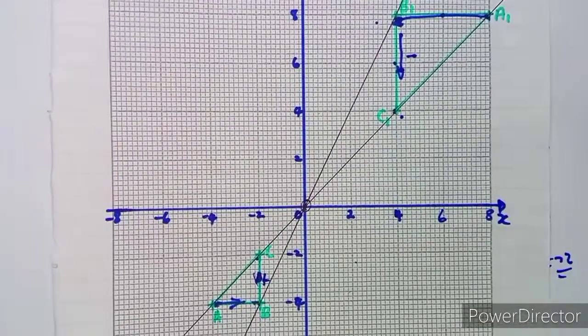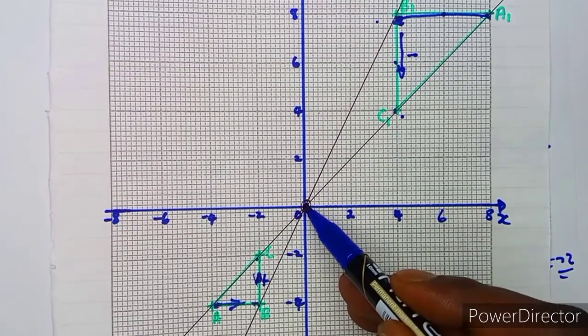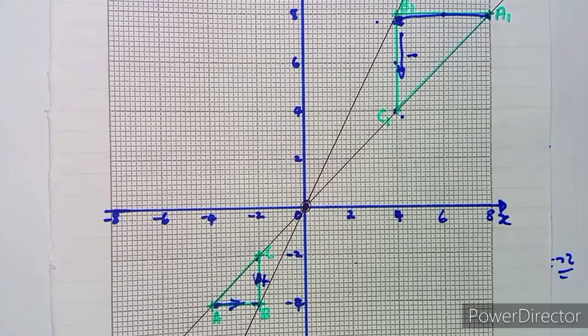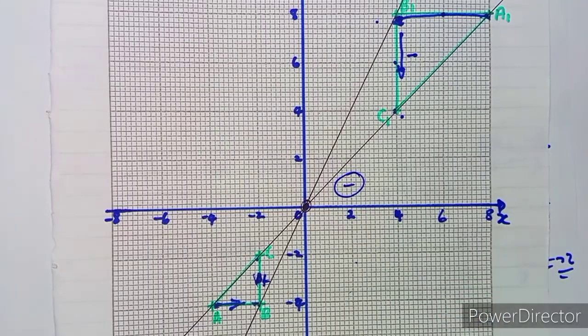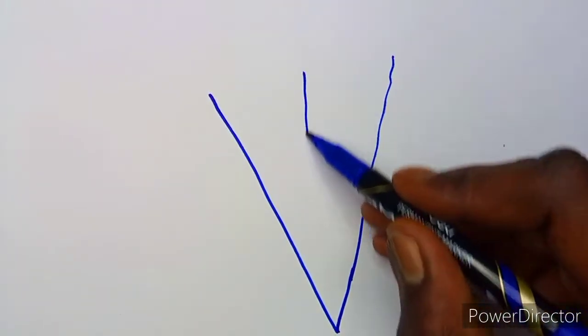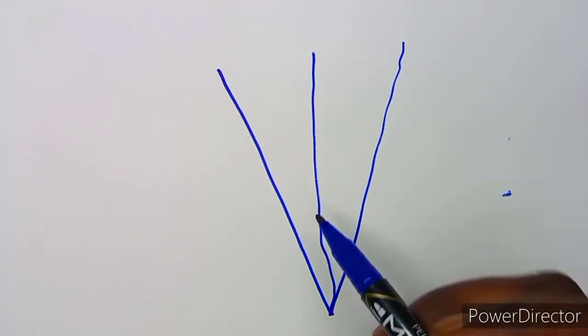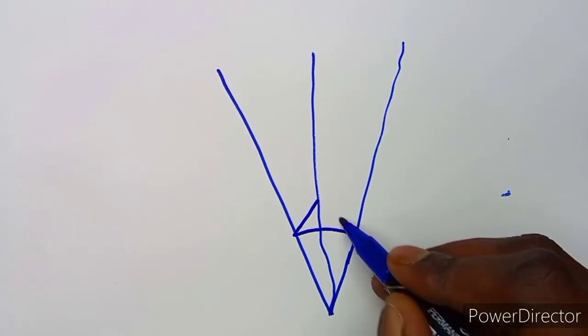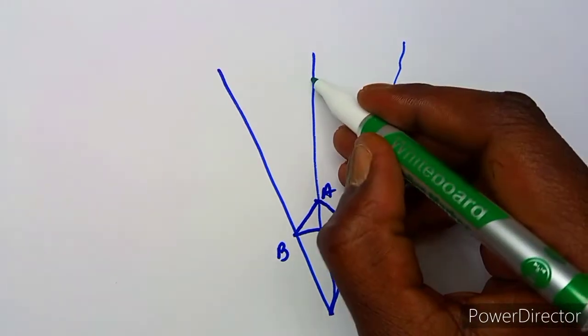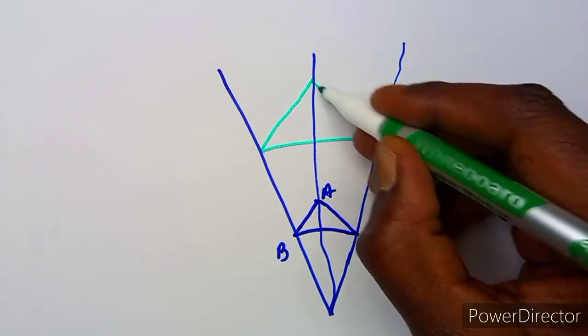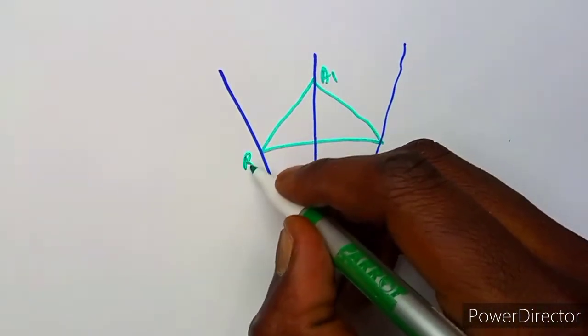The other thing that you're supposed to take note of: are you seeing where the center is located here? The object is on one side of the center and the image is on the other side, so the scale factor becomes negative. What am I trying to say? If you have joined your points like this, this was your object, let's say it's A, B, C, and your image was here, A1, B1, C1.